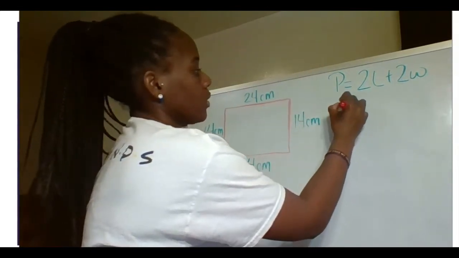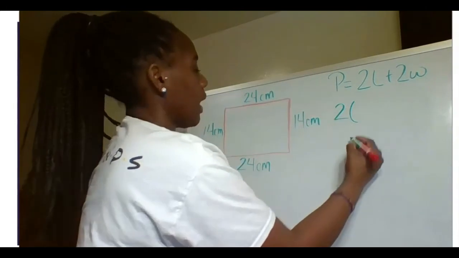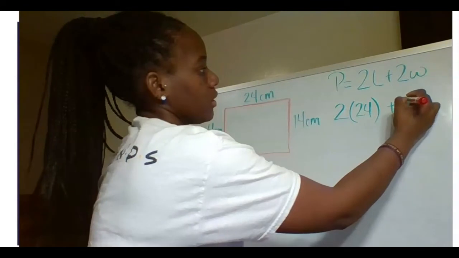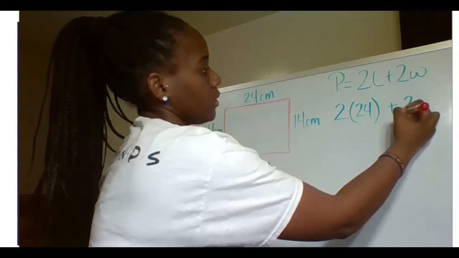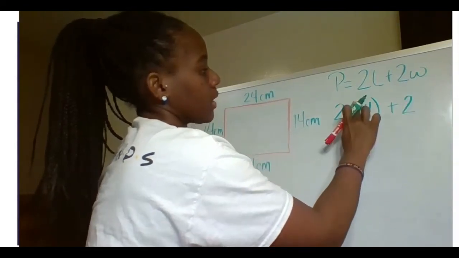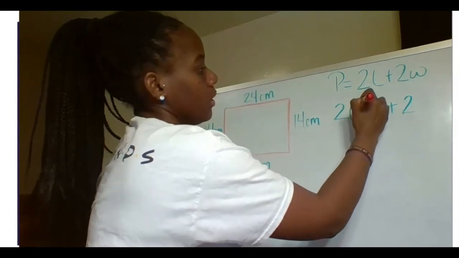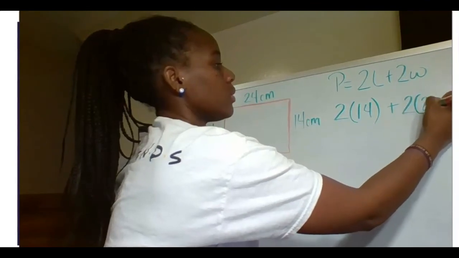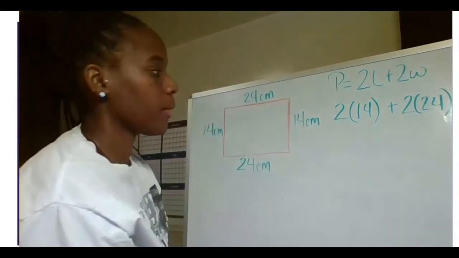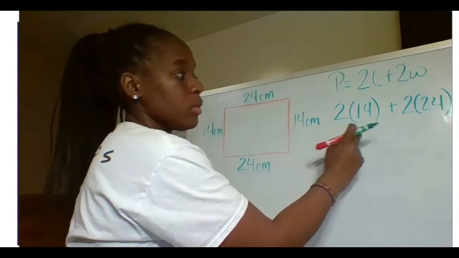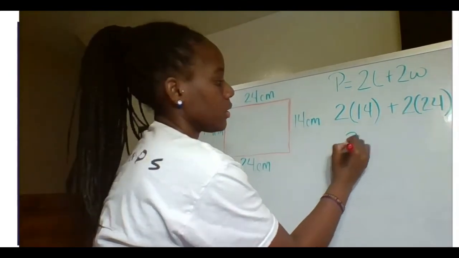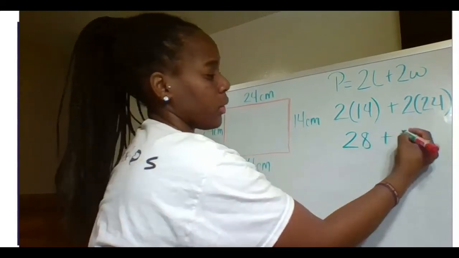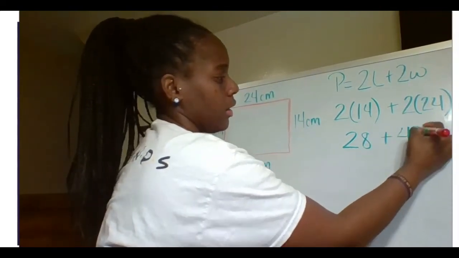I'm going to take 2, multiply it by 24, plus 2. Actually, I'm going to put 14 here so we can stay true to the formula, times 24 there, okay? So 2 times 14 gives us 28, plus 2 times 24, which gives us 48.